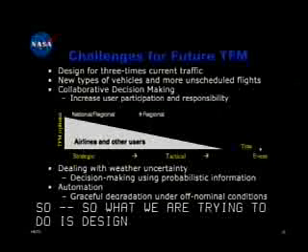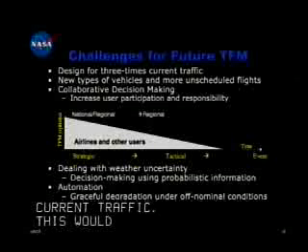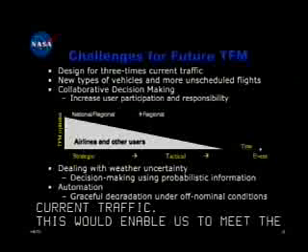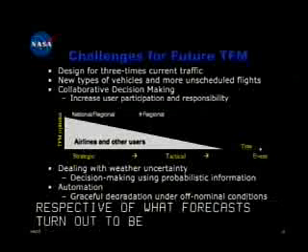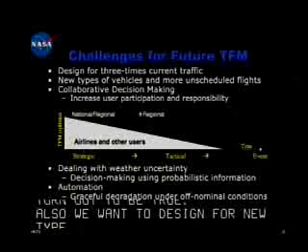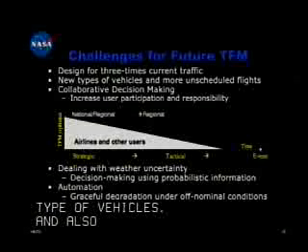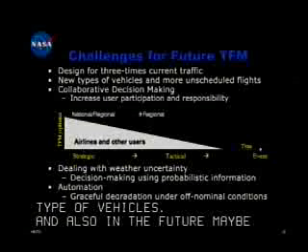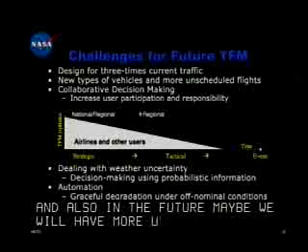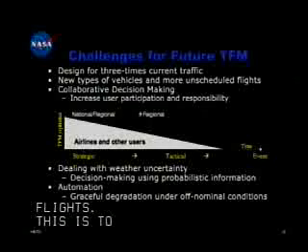This would enable us to meet it irrespective of what forecast turns out to be true. And also we want to design for new types of vehicles. And also in the future, maybe we will have more unscheduled flights. This is to sort of meet on-demand air traffic service.